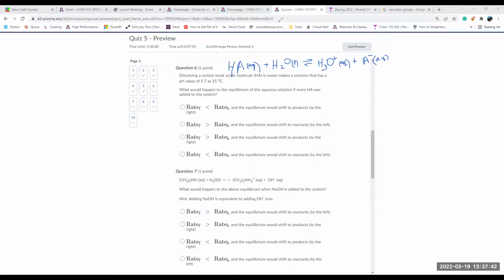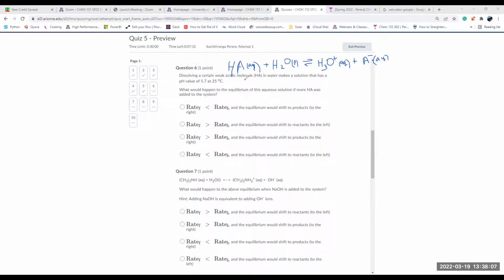Now we're going to use the kinetic argument, or kinetic perspective, to explain what's going to happen to the equilibrium when we add HA to the system. In the kinetic argument, we look at the forward rate and the reverse rate.